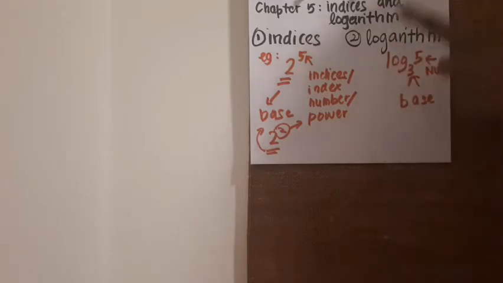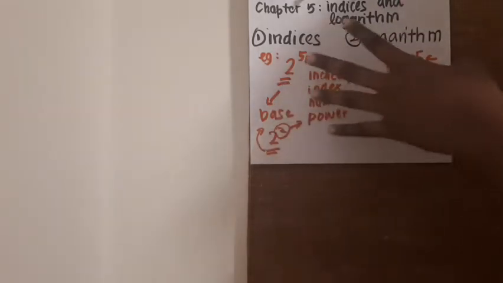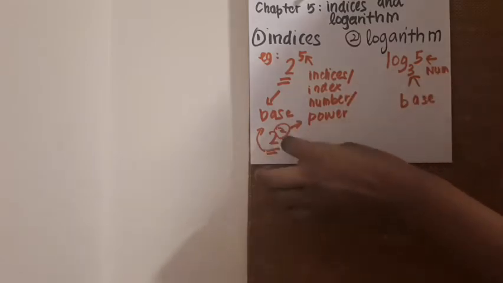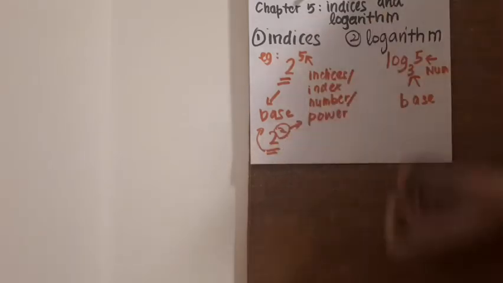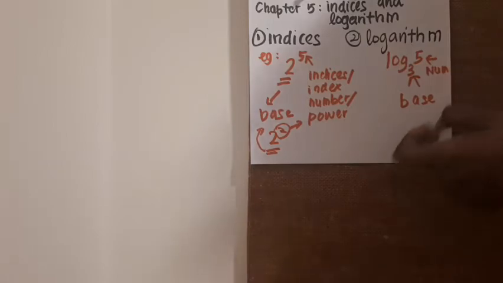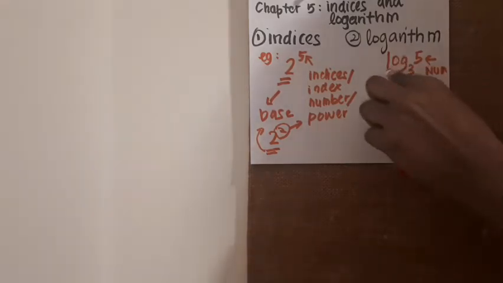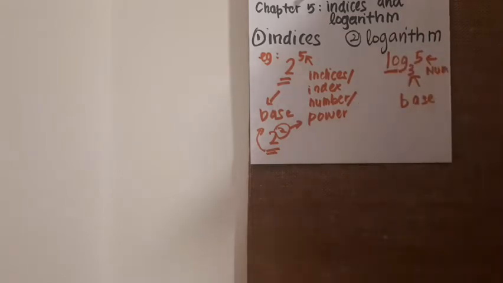Logarithm is a new thing, because you have seen indices before, but you haven't known the proper terminology. For logarithm, it's easy to identify because you will see the word log, and you can always find it in your calculator.